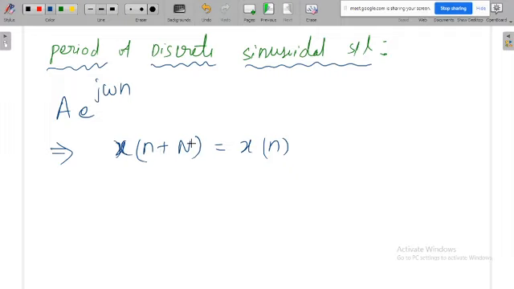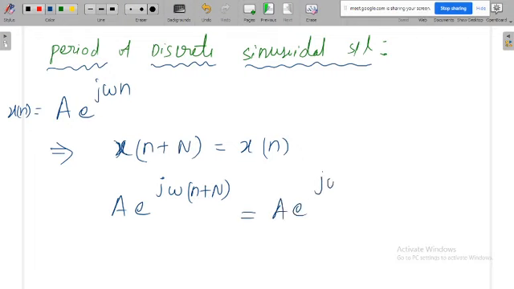Now, instead of n, we put n plus N. The original signal x of n is A e power j omega n, where you replace n with n plus N, and you get A e power j omega times n plus N. Wherever small n is there, you replace it with n plus N. Then x of n is as it is, A e power j omega n.